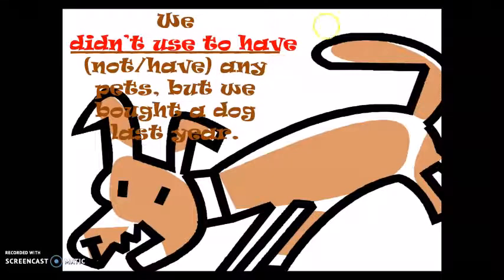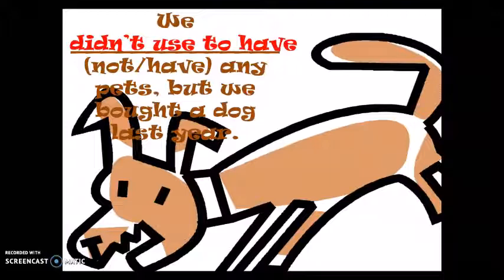This is also the negative form with any or many. Any is just for the negative sentences. Fíjense bien en esta estructura. Nosotros no solíamos tener ninguna mascota. Estoy haciendo la forma negativa tanto de el pasado como del cuantificador con any. Any lo usamos únicamente en oraciones negativas.